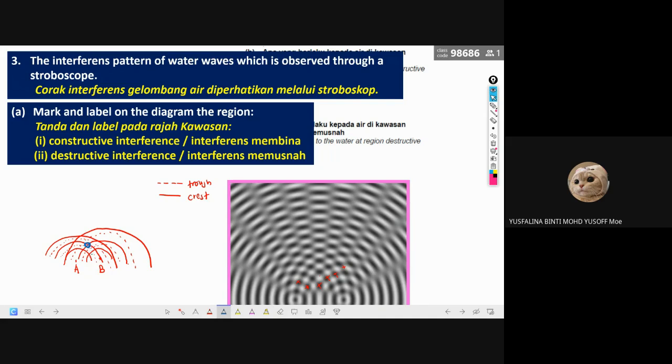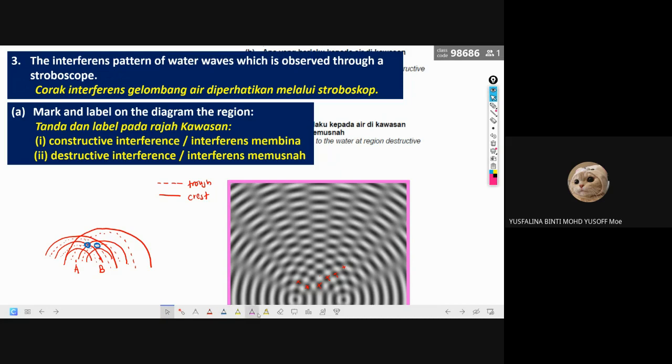And another one, trough meets trough, also constructive. So this one and this one, trough meets trough also means constructive. So the blue one actually represents the constructive. So how about the destructive?